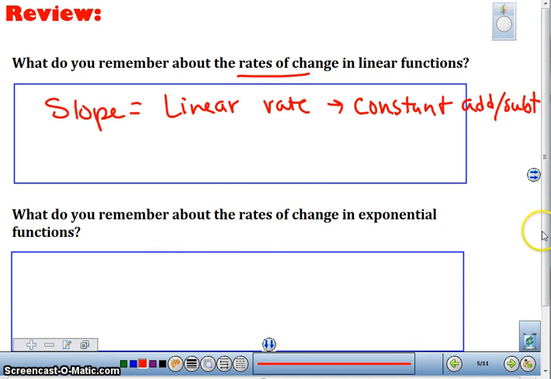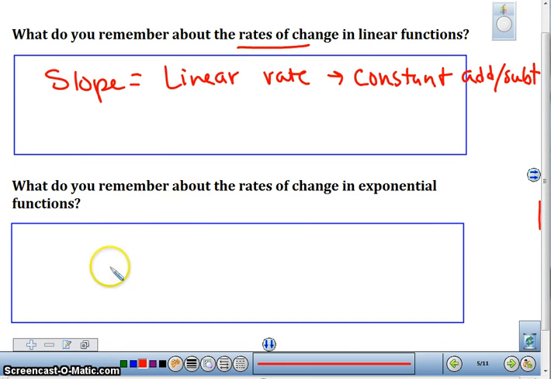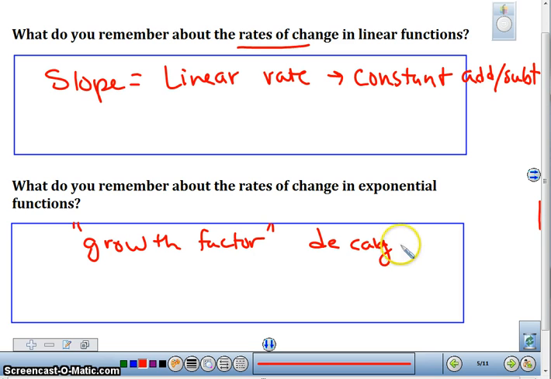Whereas when we are looking at exponential functions, now I don't know if you remember our exponential, but those are our growth factors, okay? So remember when we had the growth or decay problems? And what did our equations look like? Growth and decay were our two different kinds that we looked at. And remember, linear was y equals mx plus b.